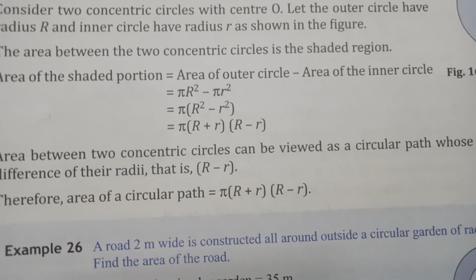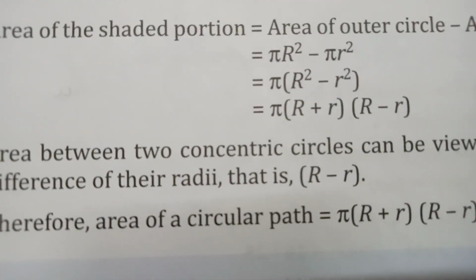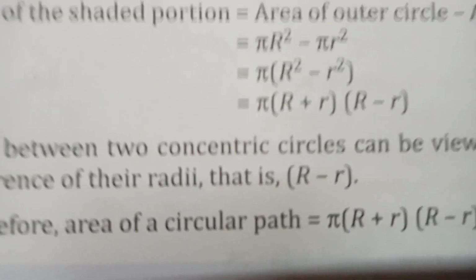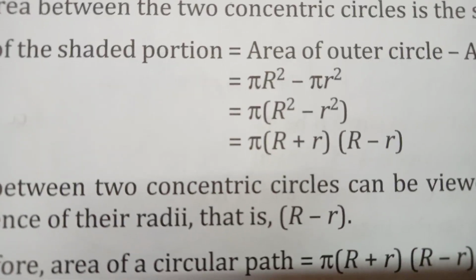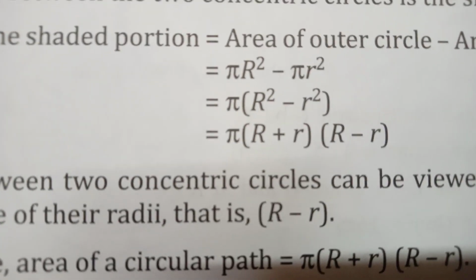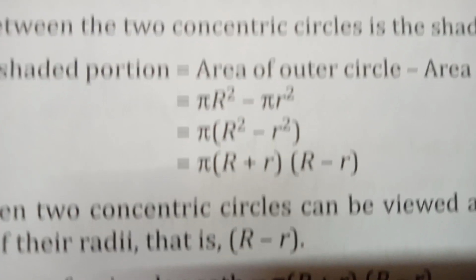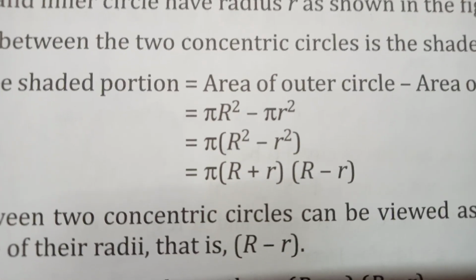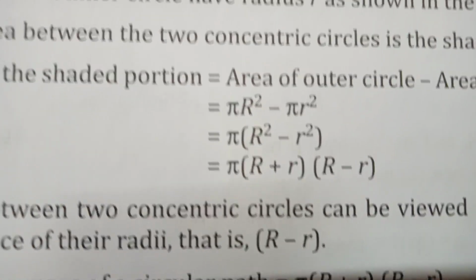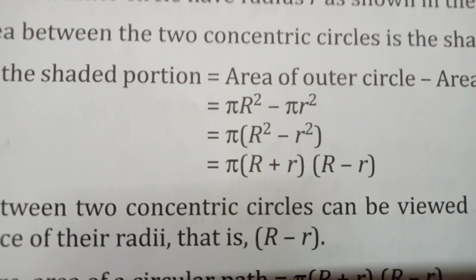We know the formula: pi capital R square, because the outer circle radius is bigger, minus pi small r square for the inner circle. Taking pi common, it is pi into R square minus r square. R square minus r square is in the form a square minus b square, which can be factorised as a plus b into a minus b. So pi into (R plus r) into (R minus r).